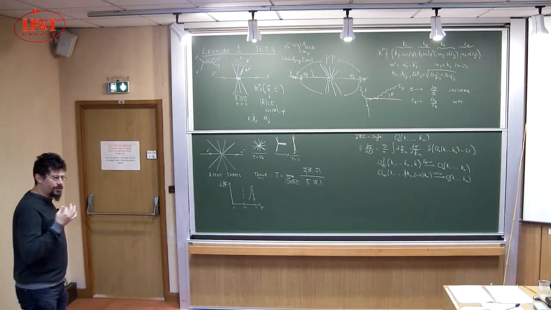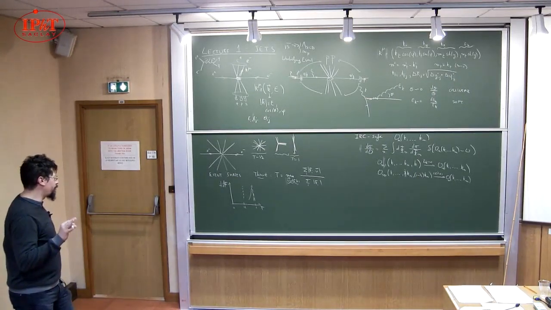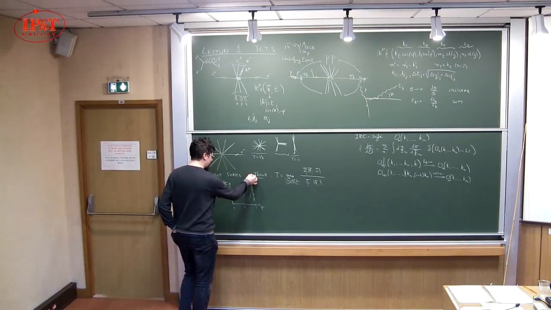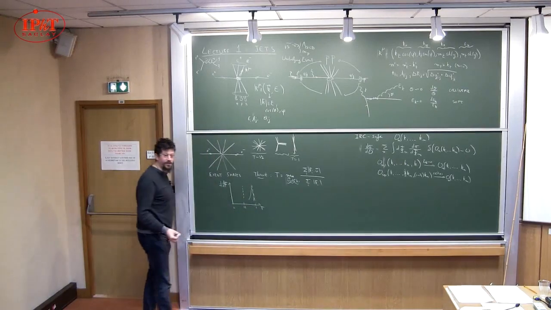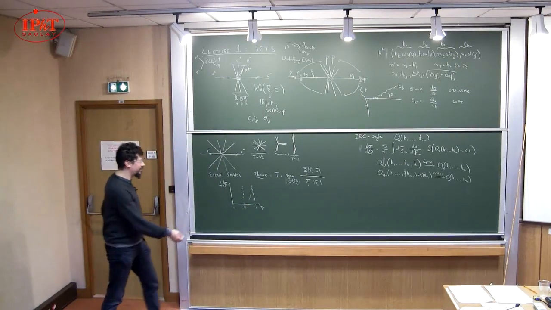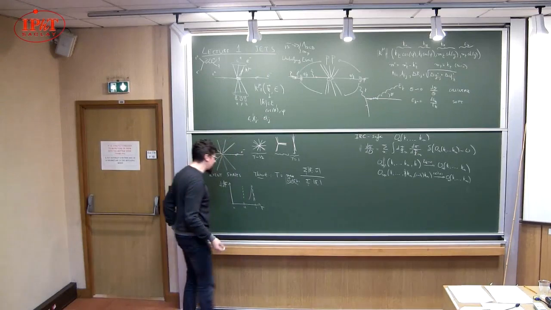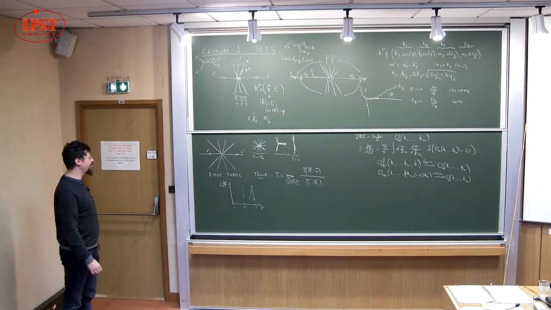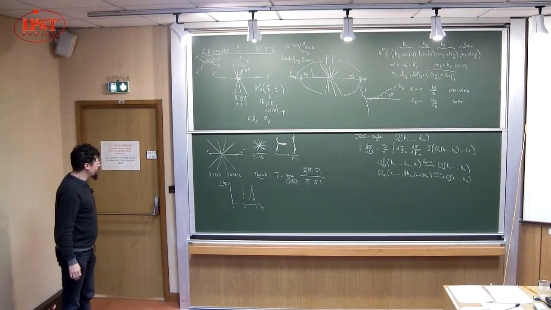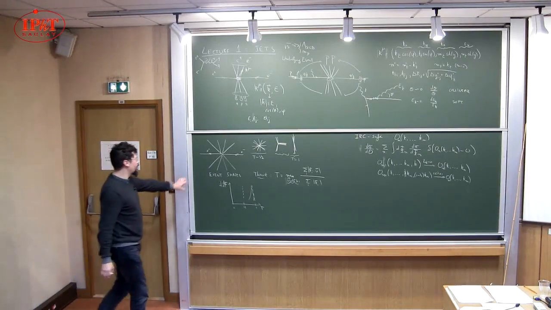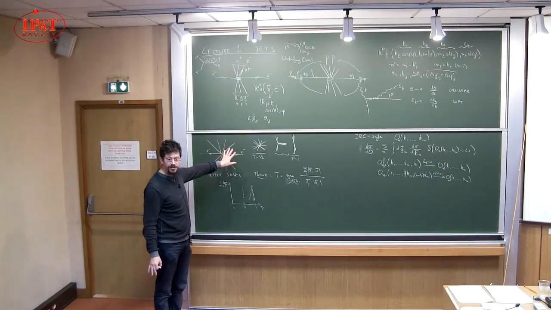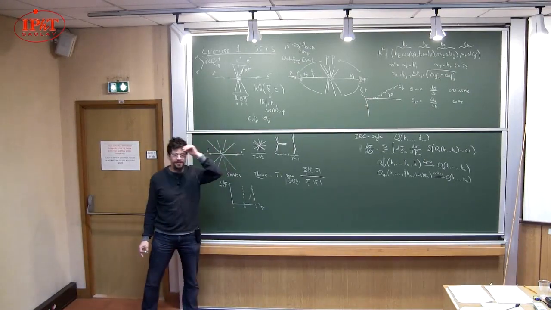There are mostly 3 reasons I want to bring this up. One is that this is something I'll calculate, and I'm going to use not exactly thrust, but similar things in future lectures. So the concept of using a shape is important. Two is to illustrate the fact that doing E plus E minus collisions is extremely helpful in terms of understanding QCD. Go back to the 70s.